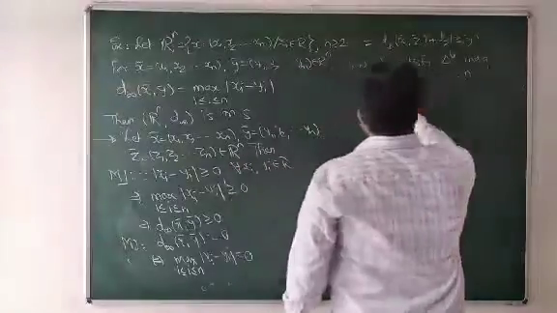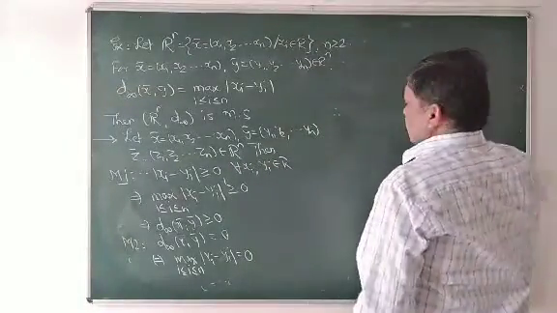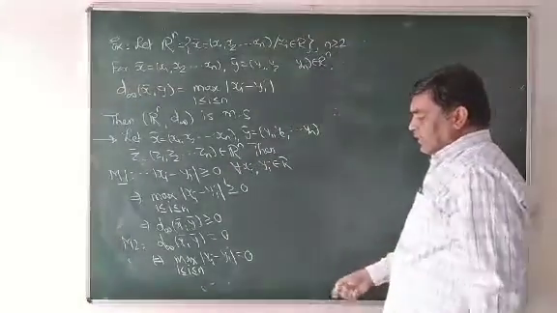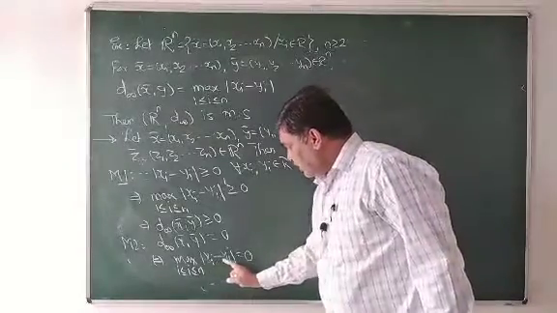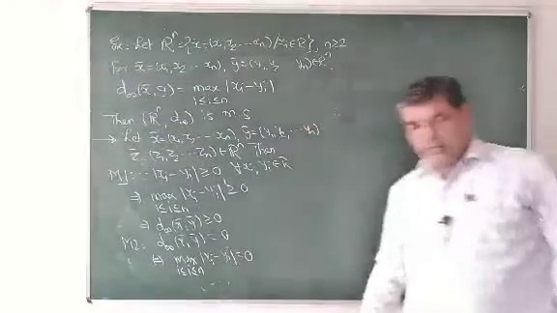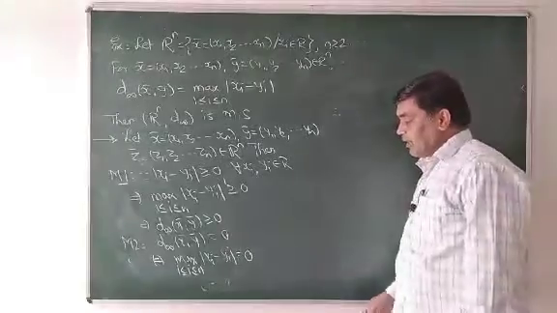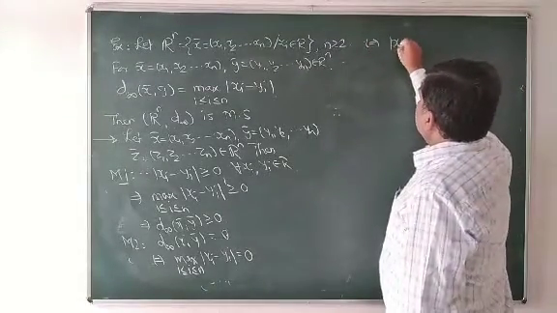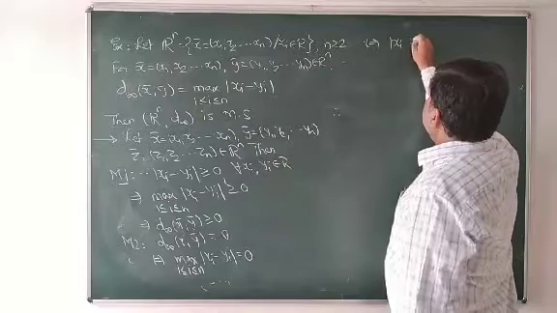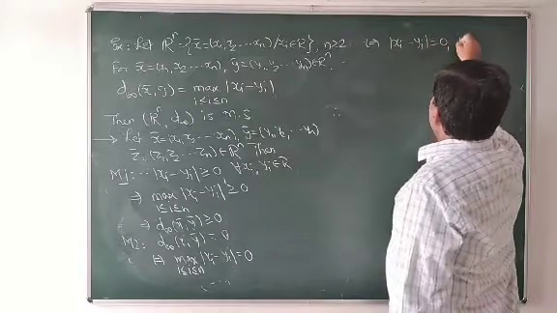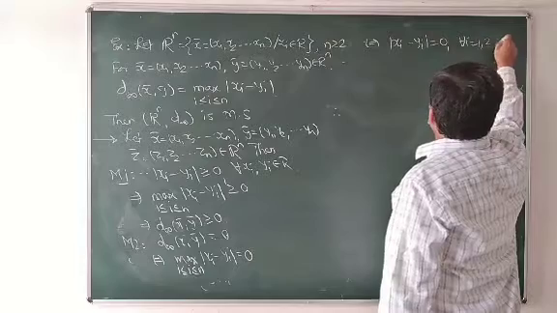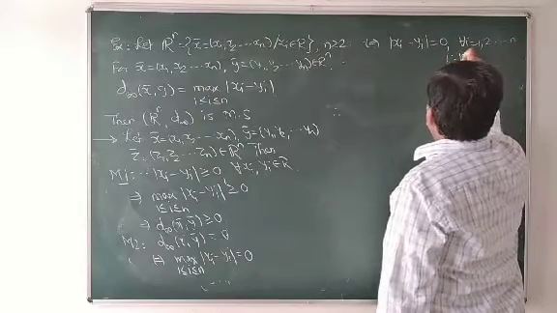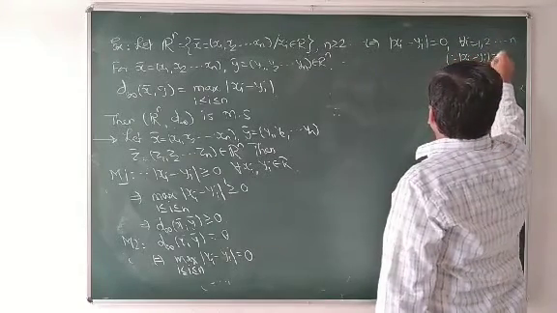Now the maximum of those n numbers is 0, and mod of xi minus yi is a non-negative number for each i. So each term in that set must be 0 for every i equal to 1 up to n, since mod of xi minus yi is greater than or equal to 0.